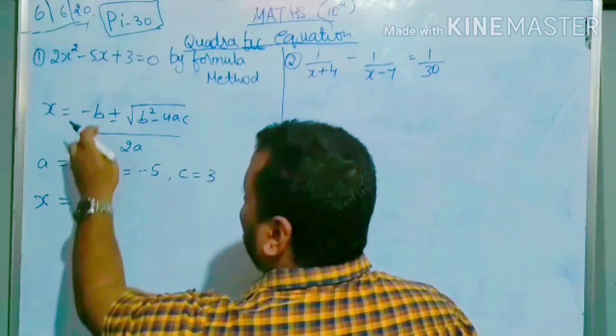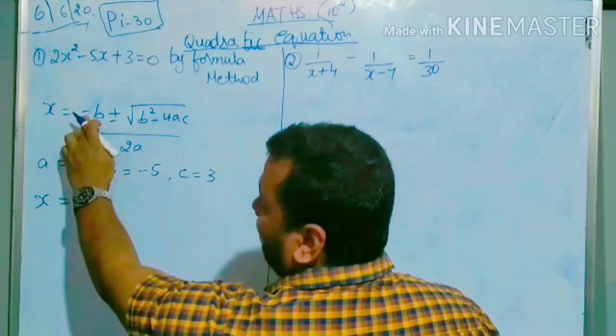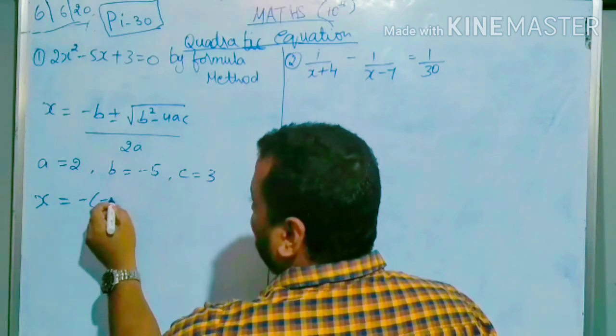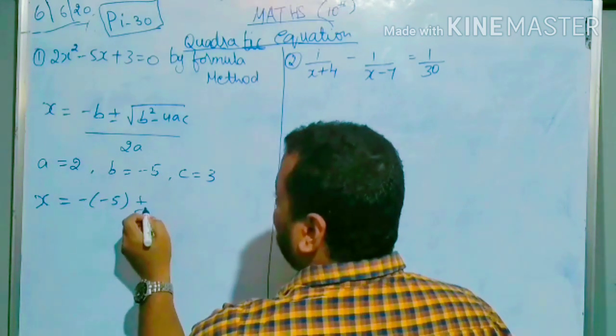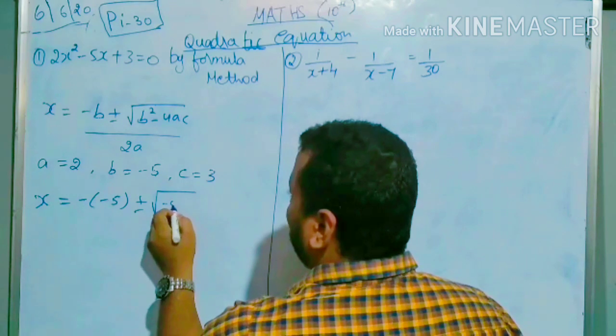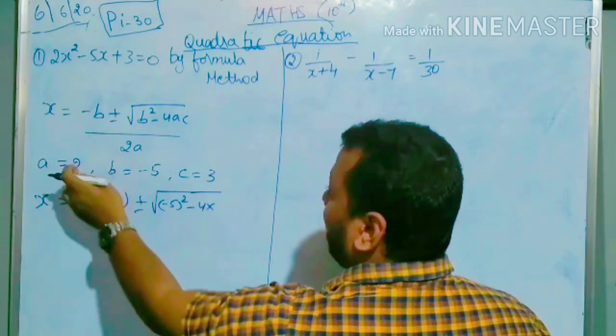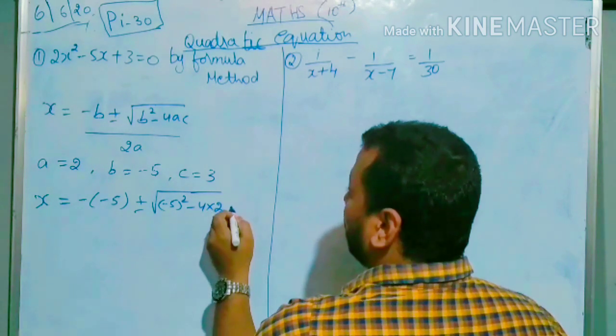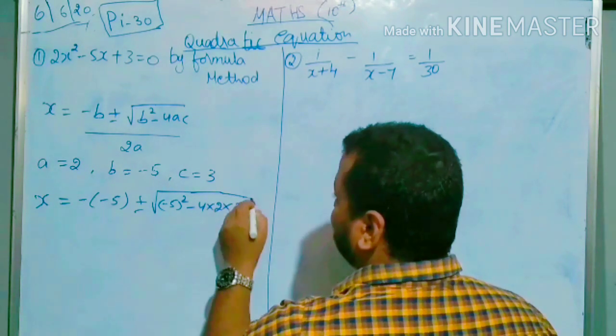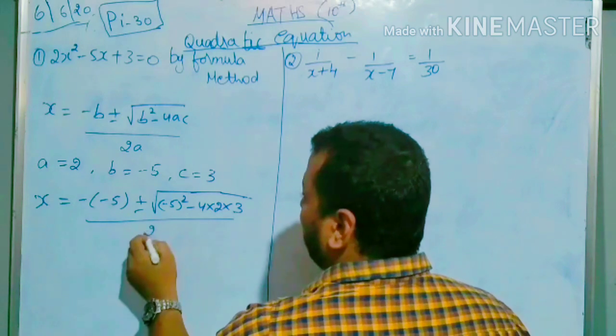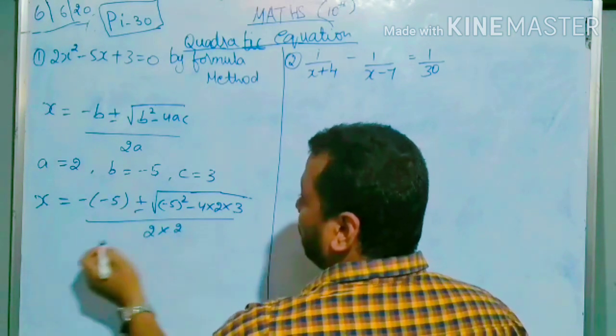So x is equal to, in place of b there is a minus, already minus sign is there, so minus of minus 5 plus or minus root under minus 5 whole square minus 4 into a, how much? Correct, 2, into c, how much? 3, whole divided by 2 into, again a is 2.